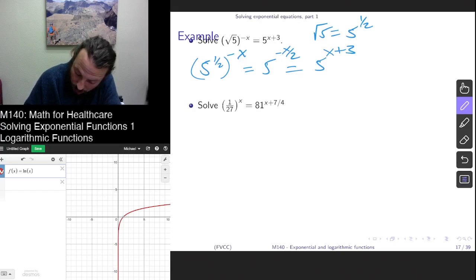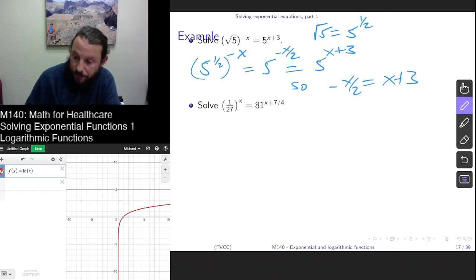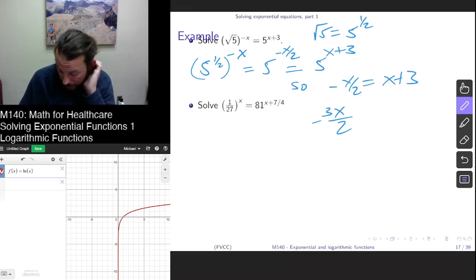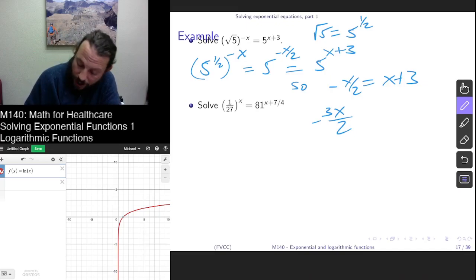Using our principle from before, we know that negative x over 2 equals x plus 3. Now we solve for x. Let's say we subtract x from both sides. Negative 1x minus x over 2 is equal to negative 3/2 x, and that must equal 3.